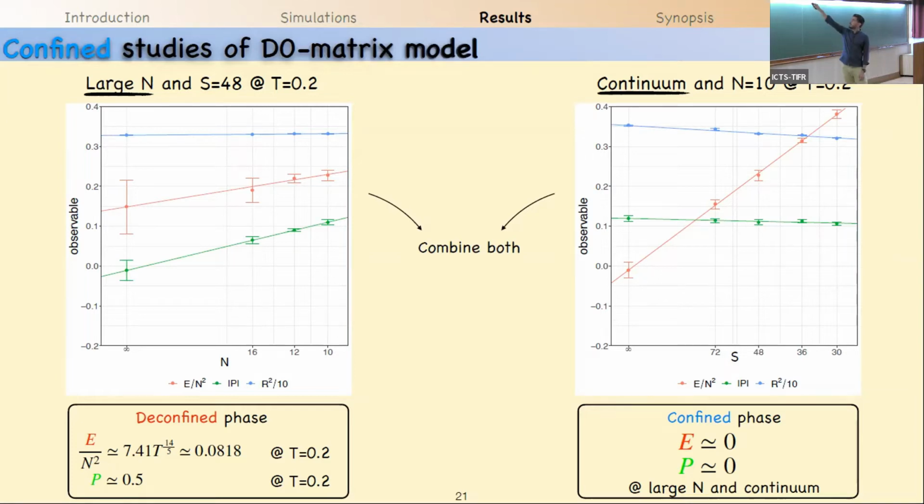In this case, it is the energy, the red line, that goes to 0. When I combine both, I have to conclude whether I have confinement or deconfinement. The deconfined phase predicts finite values of energy and Polyakov loop. So what I conclude is that confinement survives in the large-N and continuum limits. So, okay, how to understand this? Because the gravity solution does not predict confinement.